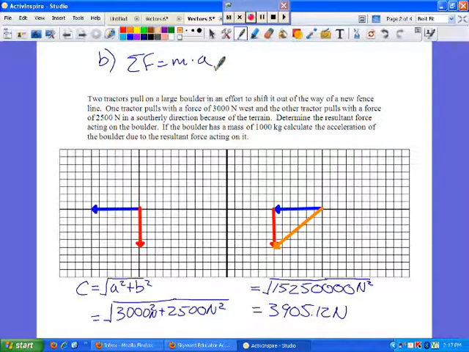Well, to find the acceleration of the boulder, we will just take sigma F divided by m. So we have 3,905.12 newtons divided by 1,000 kilograms is equal to 3.91 meters per second squared as our acceleration.